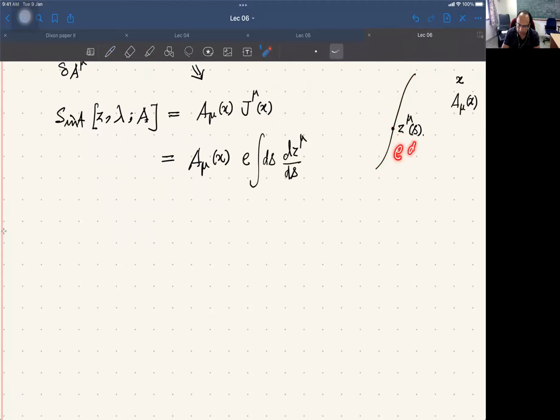That is the current at this point. But you want to write it as a four-dimensional field. How would you do that? What you do is integrate the current along the trajectory, and then the value of x must be the same as z mu of s.